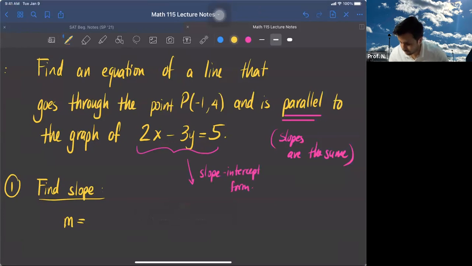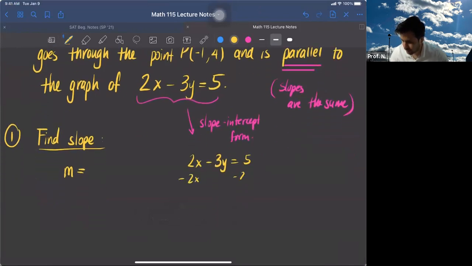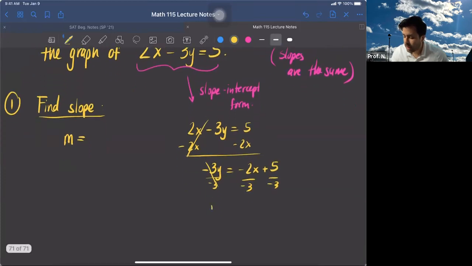So this would be 2x minus 3y equals 5. Minus 2x, minus 2x: negative 3y equals negative 2x plus 5. Divide by -3, divide by -3, divide by -3. What do I get? I get y equals positive 2/3 x minus 5/3.